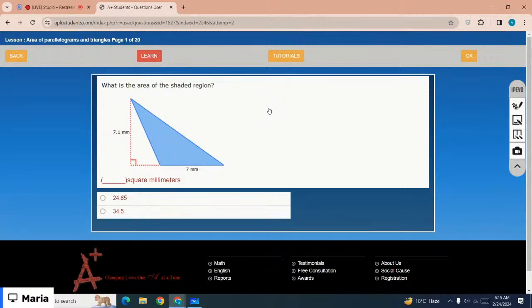So, which is the correct option? What is the area of the shaded region? That is half times base times height. So, which is the correct option? Yes, that is 24.85.